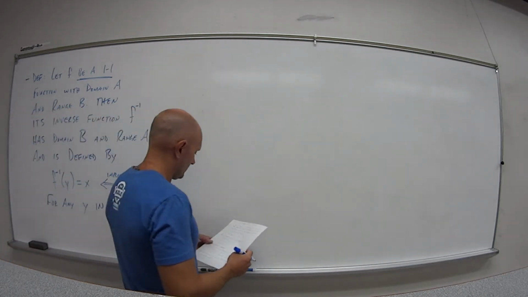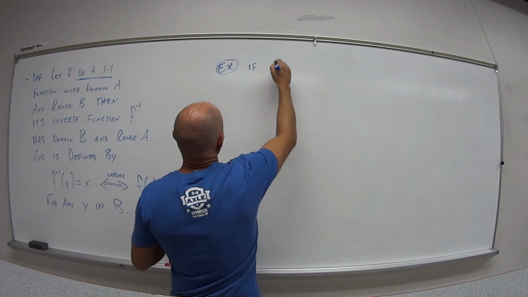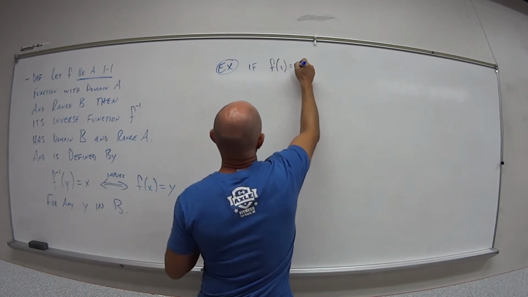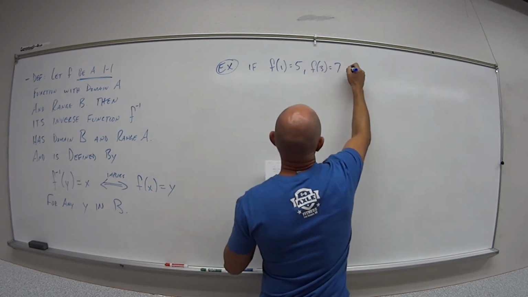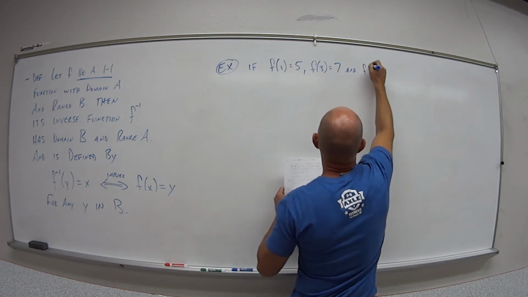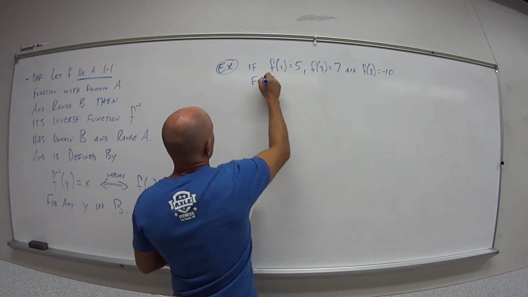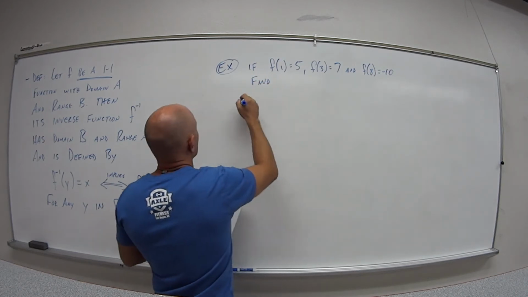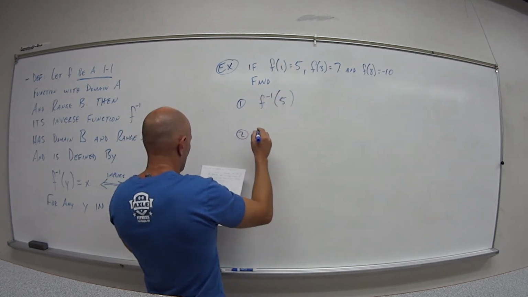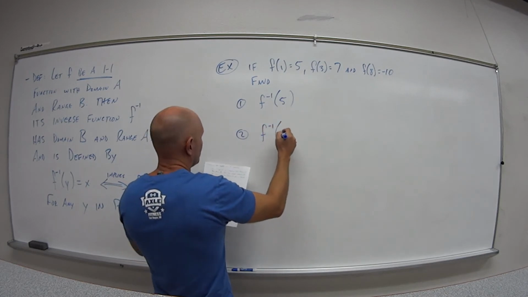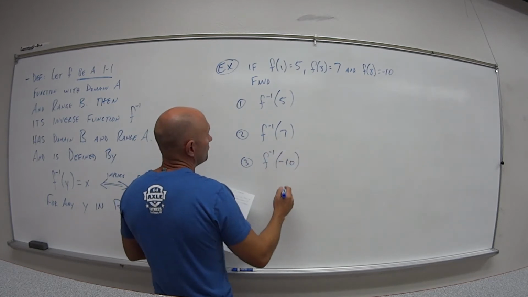So, let's look at an example of what this is talking about. If f of 1 equals 5, f of 3 equals 7, and f of 8 equals negative 10, we want to find the following: f inverse of 5, f inverse of 7, and f inverse of negative 10.